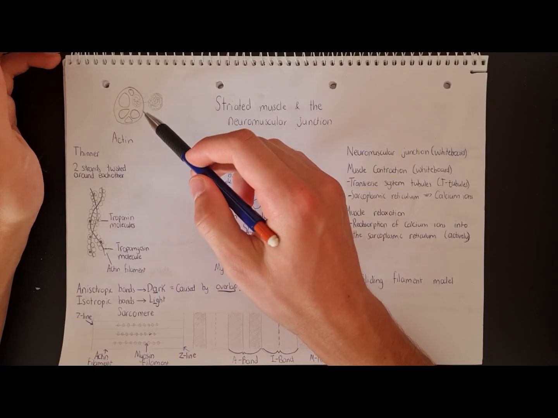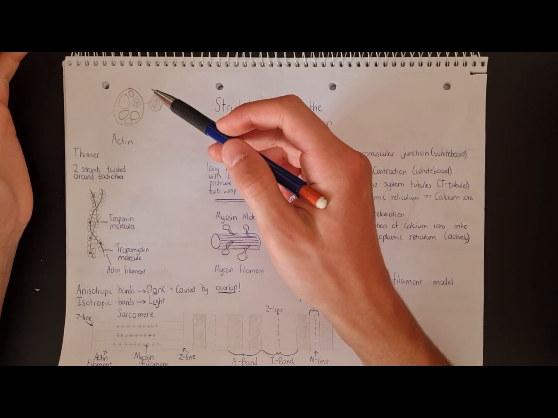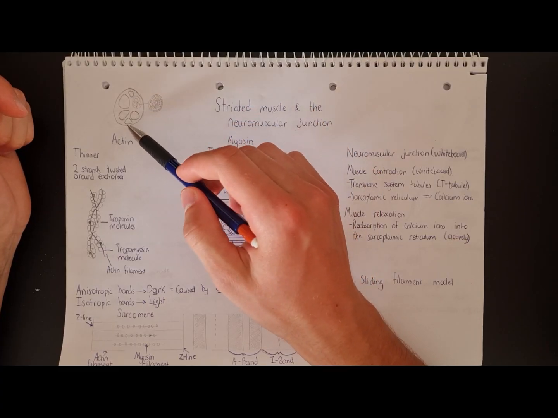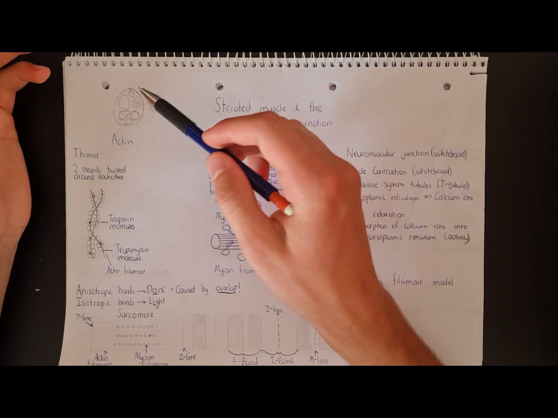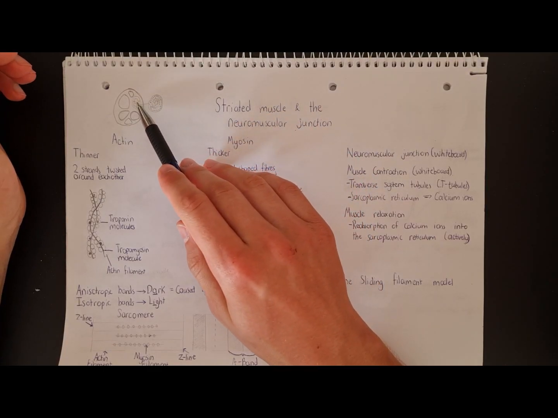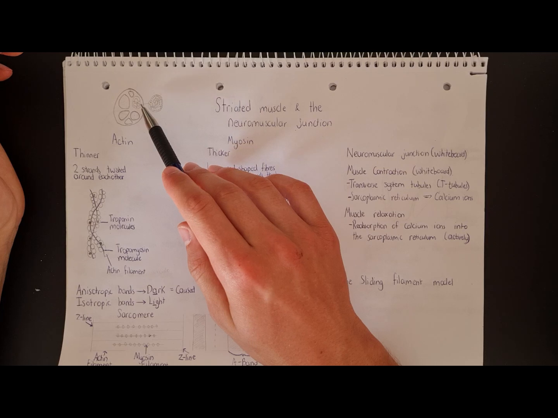Now over here, I've drawn a whole muscle, and within the whole muscle, we can see that we've got these bundles of muscle cells, within which are the single muscle cells. Now we can see here that we have these little points, and these are the blood capillaries.